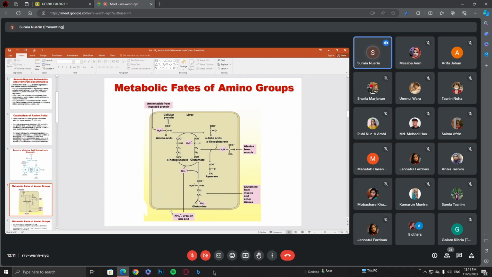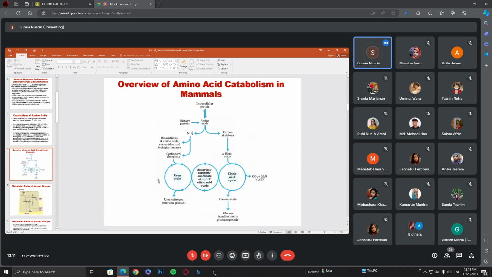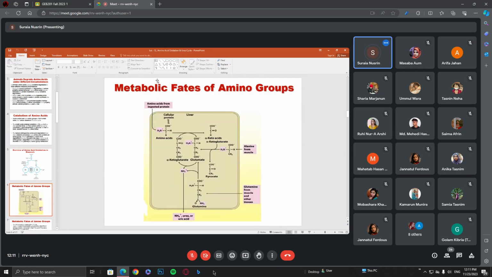Okay, amino groups. If you look at this cycle, we are focusing on the amino group, not the other part where the carbon skeleton enters the TCA cycle. So this is the liver, or particularly the liver cell, hepatocyte, because amino group catabolism occurs in the liver.